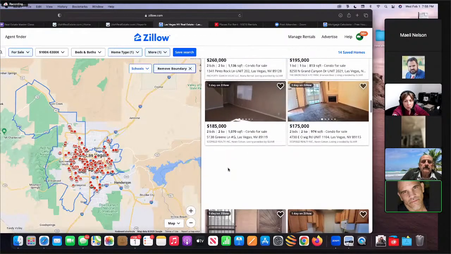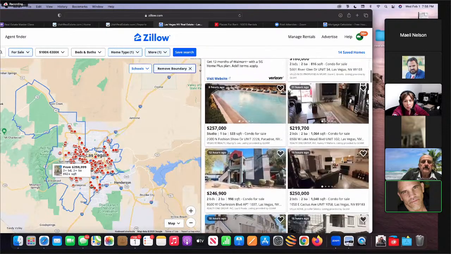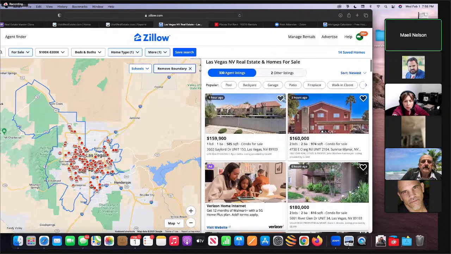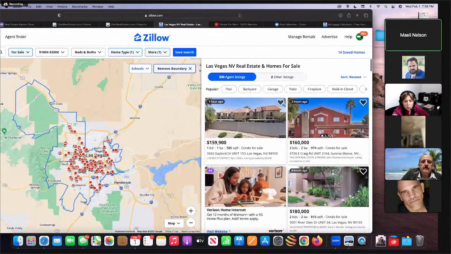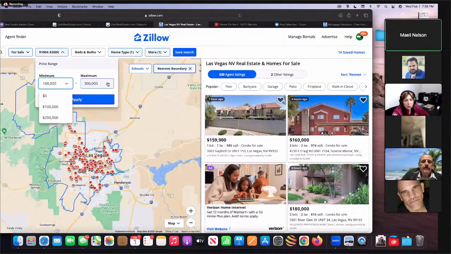Yeah, I'm looking here too. Let's do the one that was on top, from Signature. I'm very familiar with that property actually. We're going to have to move up the maximum to 400, I guess. Okay. You get it, dude.